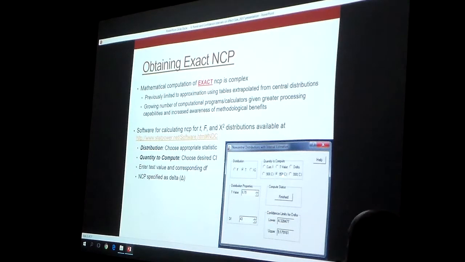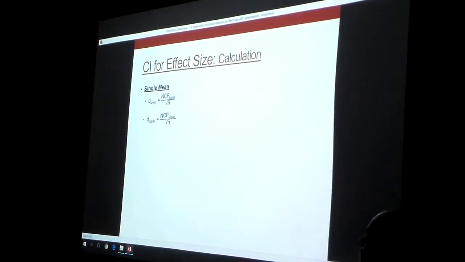We want a 95% confidence interval, then we put in our t value and our degrees of freedom, and we hit compute stats. It's going to give you an upper and lower limit for your non-centrality parameter. And once you have that, everything else is crazy easy, okay?